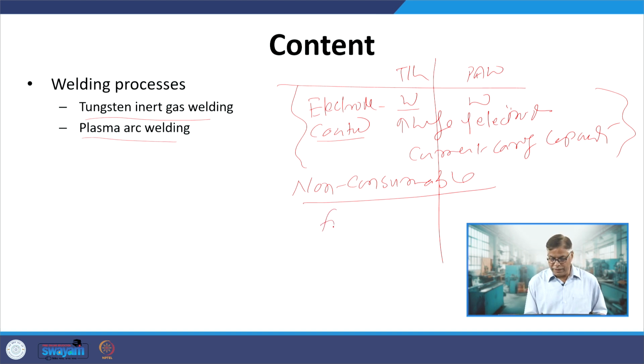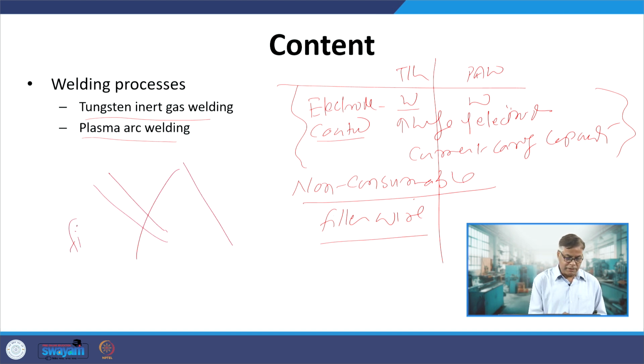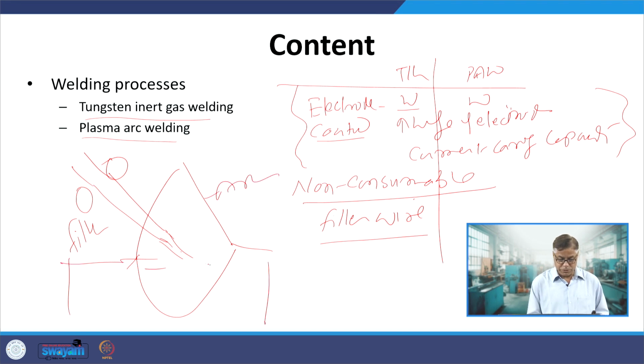The filler wire can be used separately, but it has to be fed. Say this is the arc zone; we can use a suitable wire feeder, which will feed the filler wire into the weld pool. Say this is the weld pool, this is the arc, and this is the base metal. Here, in the pool, our wire will be fed.